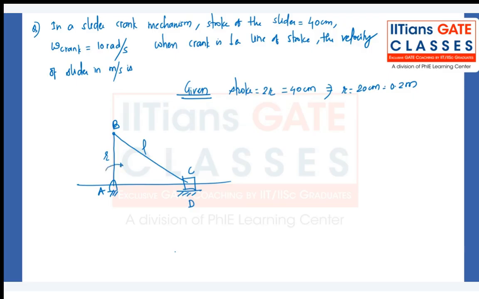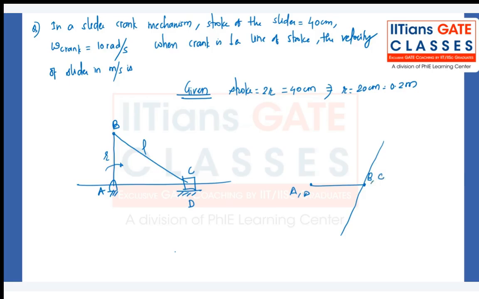So this is point A and point D. Velocity of AB will be perpendicular to it. This is my point B. Velocity of BC will be perpendicular to it. C will be somewhere on this line, but point D will be again on the same line. So basically my point C has to be here, right?